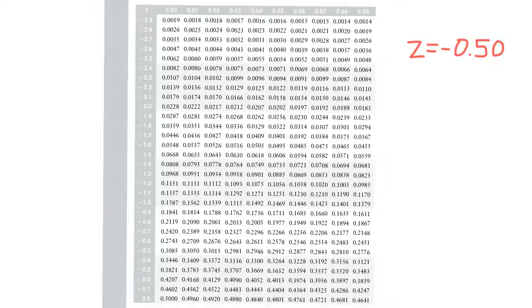So I need to find that z-score on my table. I'm going to look in this column first, see if I can find negative 0.5. And there it is right there. So I'm going to look in this row. Now the second decimal in my z-score is 0, so that's this column. What this means is for a z-score of negative 0.5, the area under the curve is 0.3085. This is the probability that we're looking for.